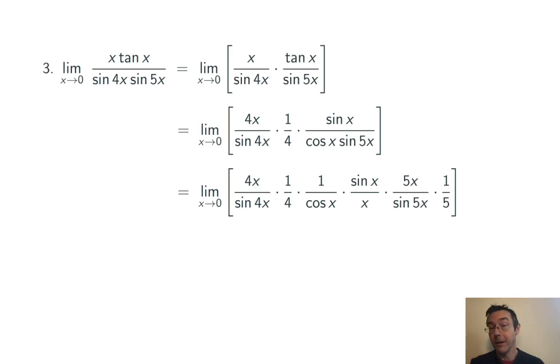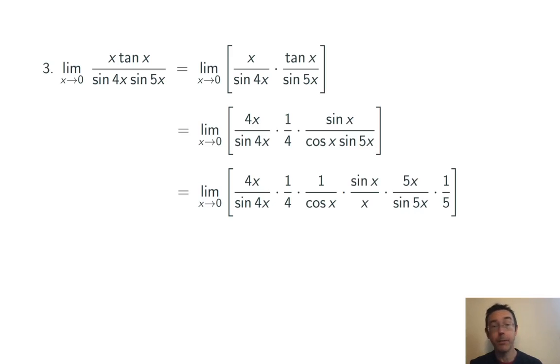So now let's think about that second factor, sine x over cosine x times sine x over sine of 5x. The 1 over cosine of x, I'm not worried about. That is something I can evaluate using direct substitution because the cosine of 0 is 1. I'm thinking about the sine x over sine of 5x.